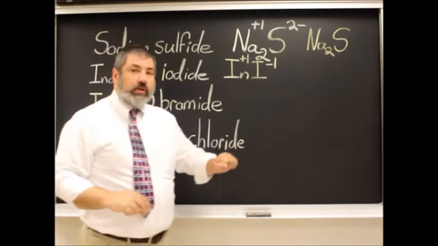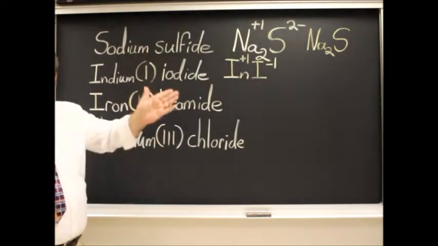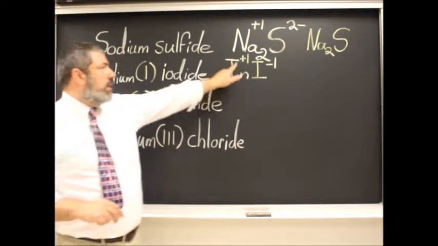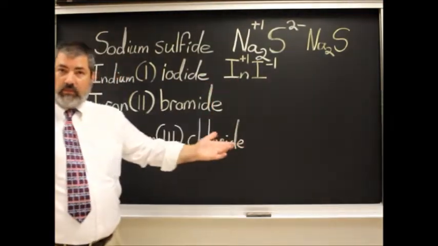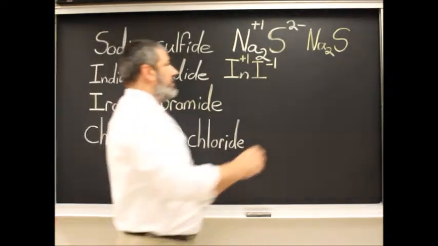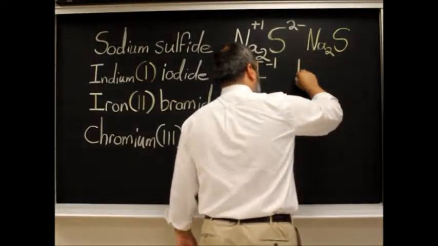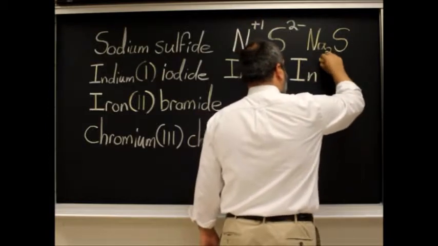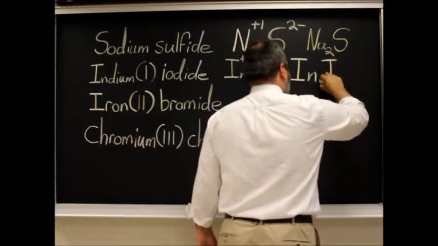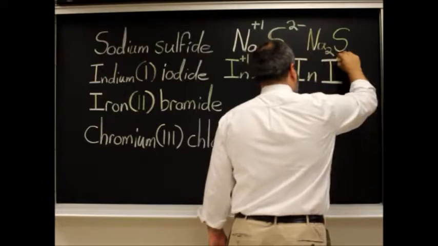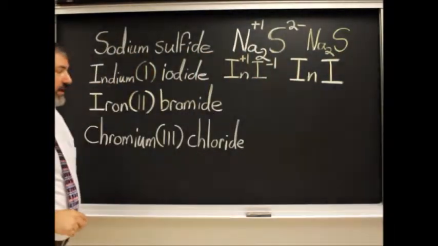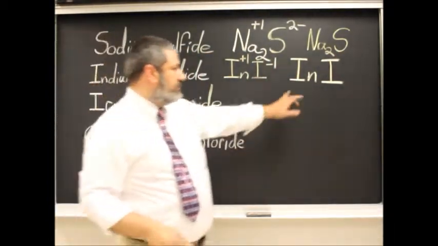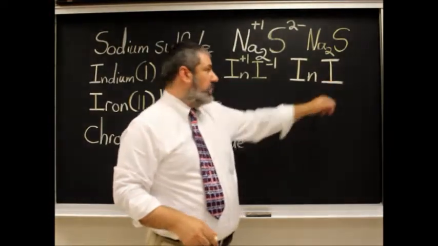I know it has a -1 charge because iodine is in group 17. +1, -1, we have charge neutrality. It's a 1-to-1. So to make this look a little neater, InI. Again, it's understood that there's a subscript of 1 and 1.